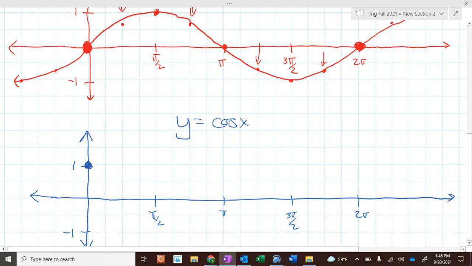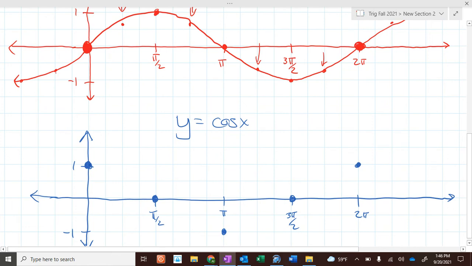So it's the point (0, 1), not (0, 0). You don't start from the origin. At pi over 2, what's the value? 0. Pi, negative 1. 3 pi over 2, 0. 2 pi, 1.